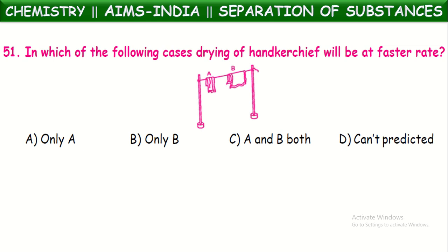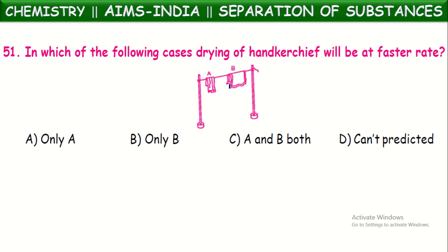In which of the following cases will drying of a handkerchief be at a faster rate? They have taken two kerchiefs of the same size and the same wetness. One is taken onto the hanger with foldings. The other one is kept without any foldings, spread over. Now, which will dry faster? Which one?